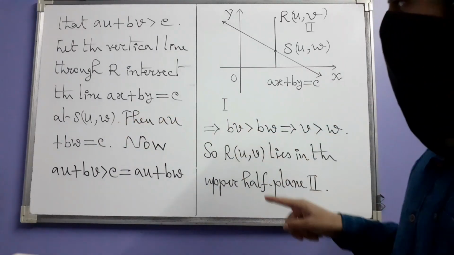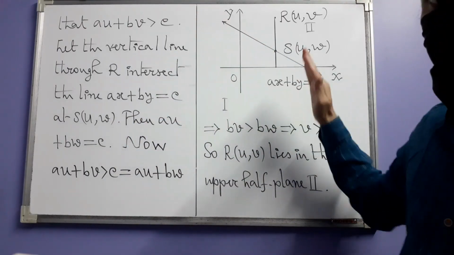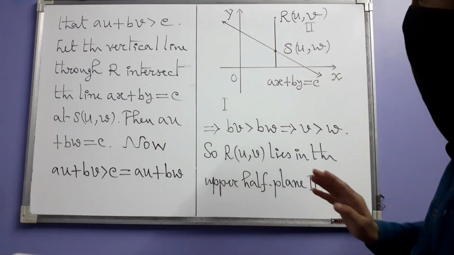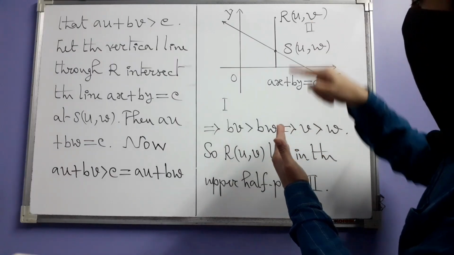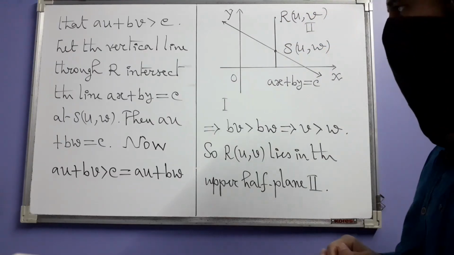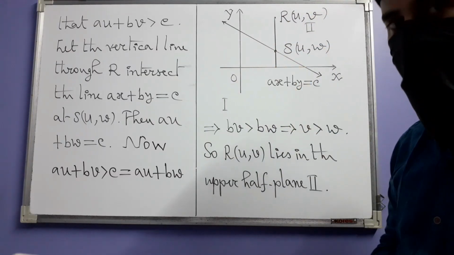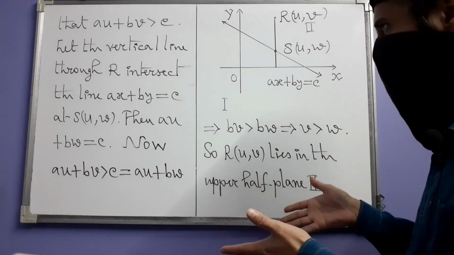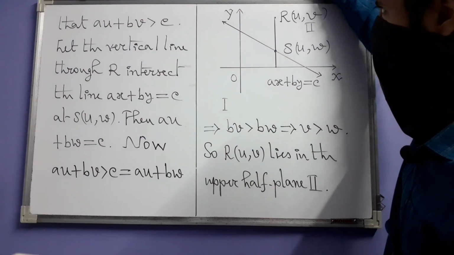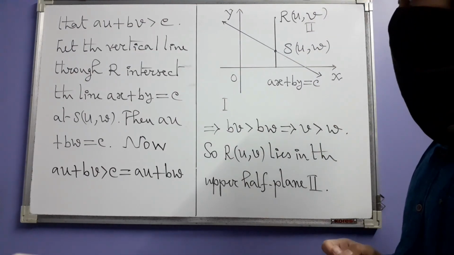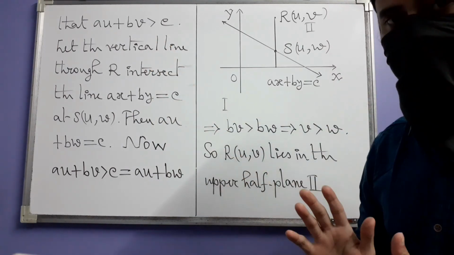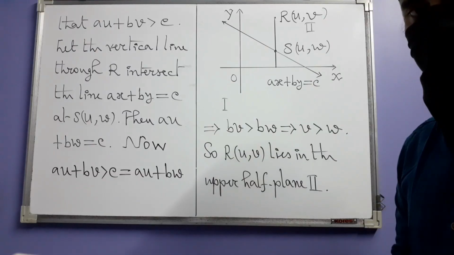Because the point S was the point of intersection of this line and the vertical line passing through R. So S lies on the line somewhere and R lies somewhere vertically above S. So obviously it lies in the upper half plane no matter where the location of S is. So that tells us, along with what we did previously, that not only are the coordinates of all points in the upper half plane solutions of this inequality, meaning the inequality ax plus by greater than c, but they are the only solutions.